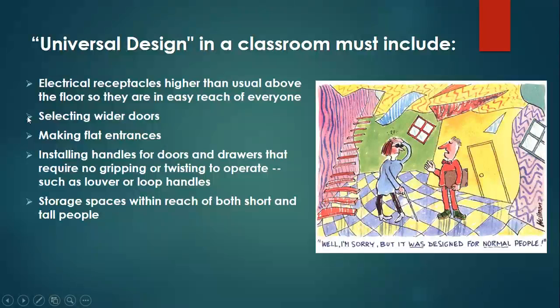Selecting wider doors, making a flat entrance, installing handles for doors and drawers that require no gripping or twisting to operate, such as lever or loop handles. Storage spaces within reach of both short and tall people.